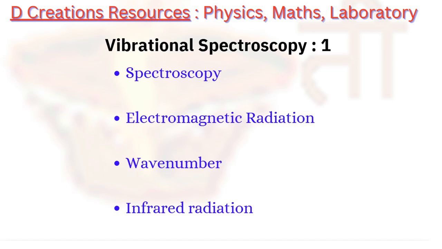Now, coming to the region associated with vibrational spectroscopy, let us recall the electromagnetic radiation. Basically these are transverse waves consisting of electric and magnetic fields vibrating perpendicular to each other and to the direction of propagation. And of course, in free space, these waves propagate at the speed of light.